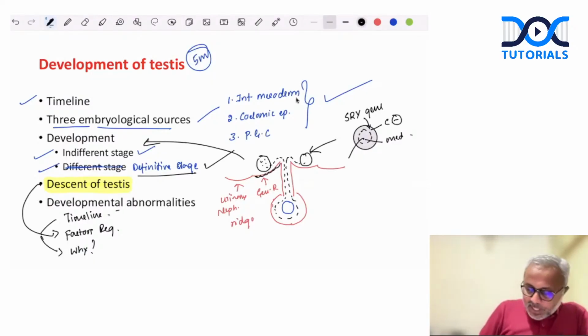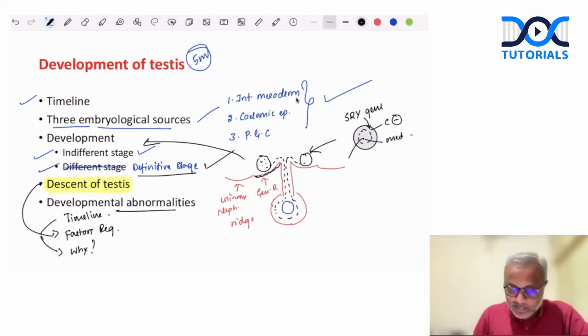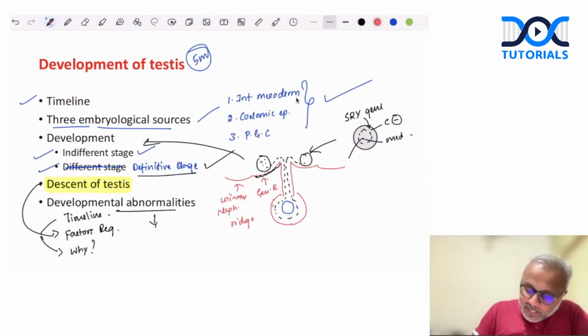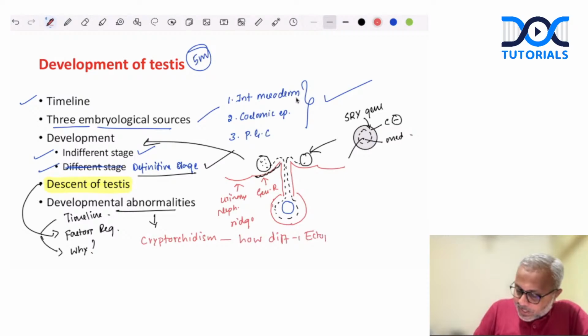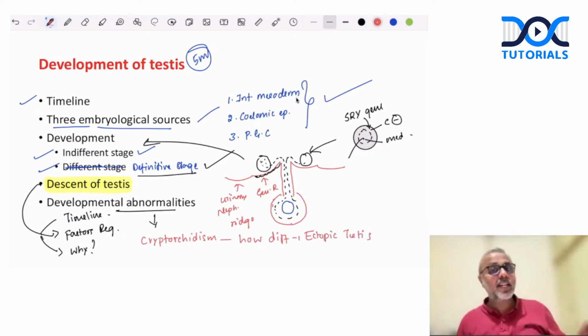After this, we need to talk about developmental abnormalities. And in developmental abnormalities, what do we need to remember? Cryptorchidism, right? What do we mean by cryptorchidism? How is this different from the ectopic testis? Cryptorchidism is just hidden testis.